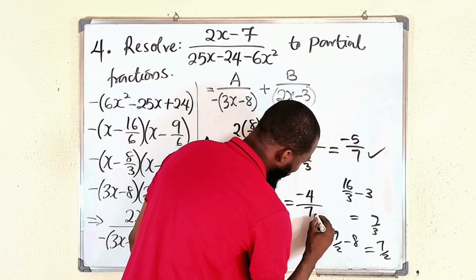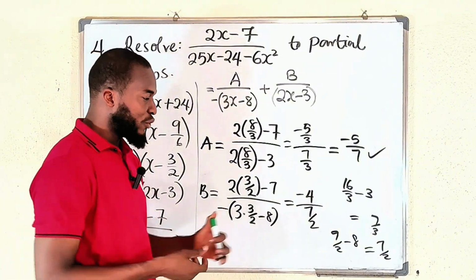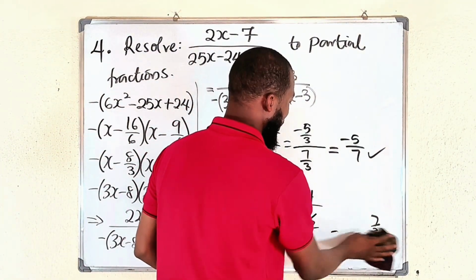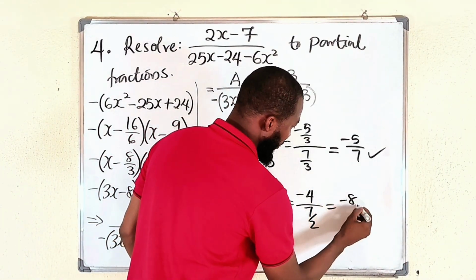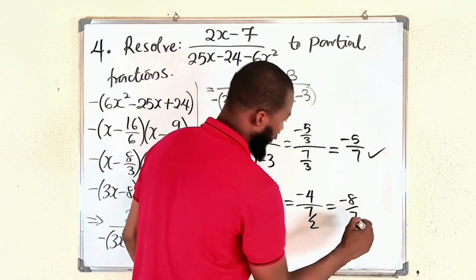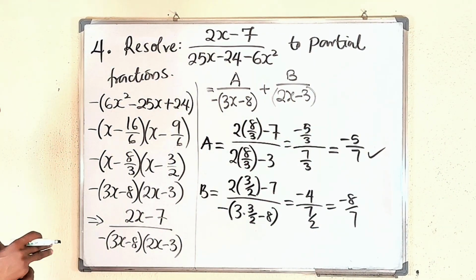So you have 7 over 2 right here. Now multiply the top and the bottom by 2, so that the top becomes negative 8 and the bottom becomes 7. So B is negative 8 over 7. All right, so now let us substitute everything.